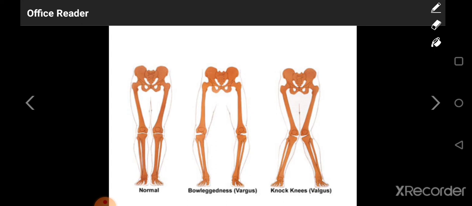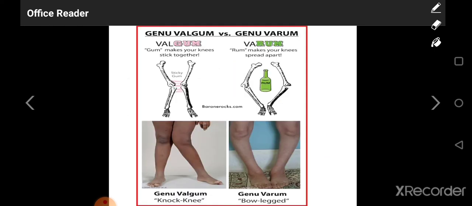So here we can see the normal, the genu valgum and the genu varum. In genu valgum, the angle is increased and the knees are towards the midline, the knees are knocked, and in genu varum, the knees are very widely apart. This is the bow legs. This is genu valgum again and genu varum.